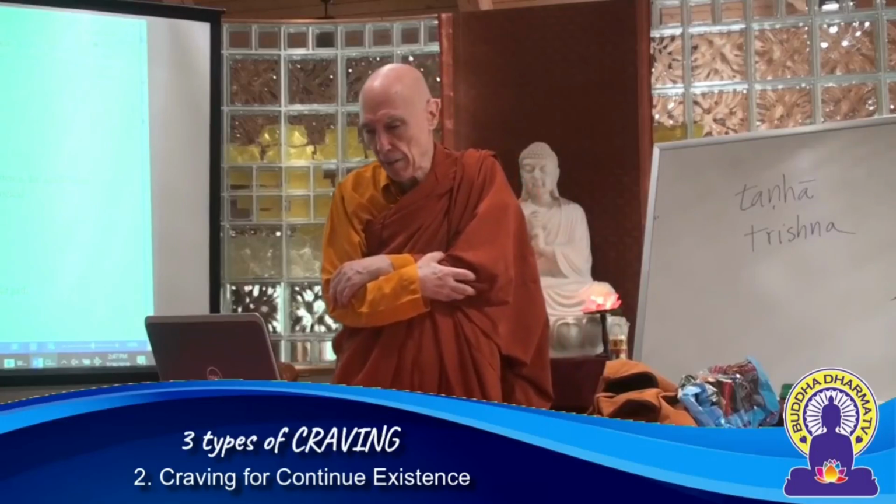But then there's a second type of craving, which is the craving for continued existence. So this is the craving that first manifests in a clinging to the 5 aggregates, the factors of body and mind, taking them to be mine, what I am, myself.